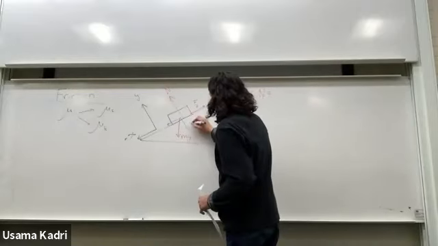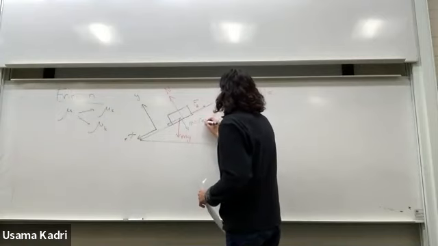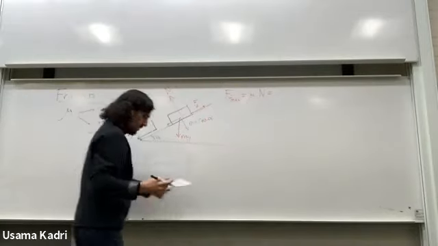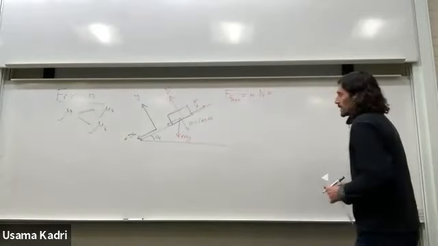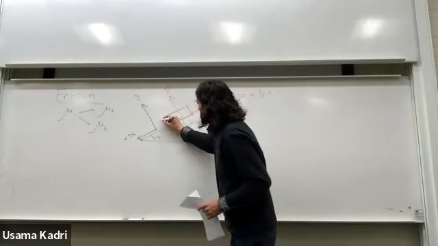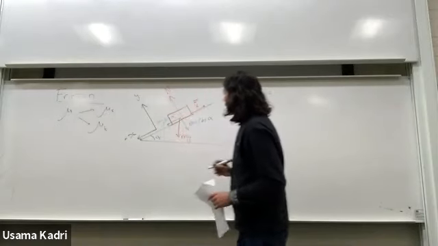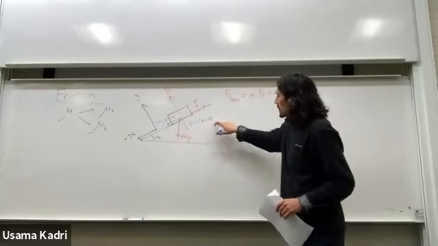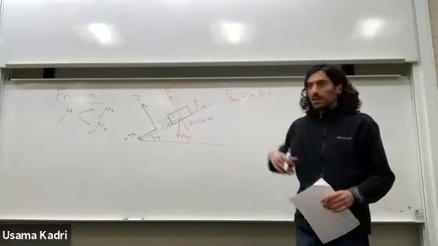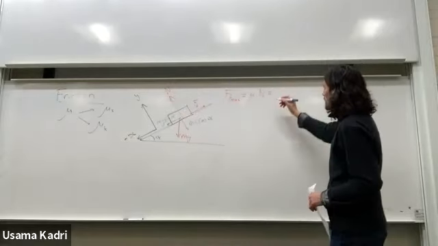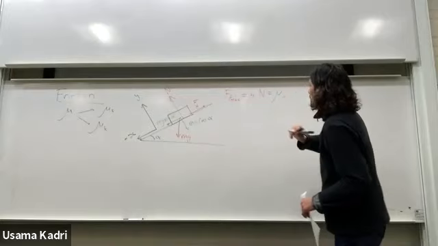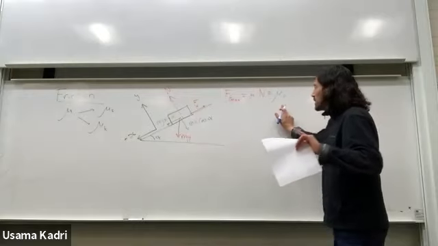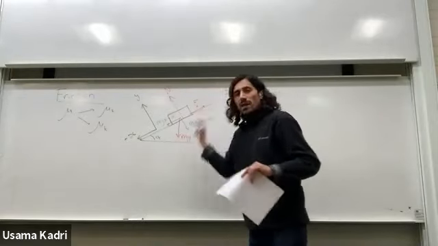So we have mg cosine alpha, this is alpha by the way, and this would be mg sine alpha. We decompose this vector. And we know that mg cosine alpha has to be equal to N, like it's not accelerating anywhere in the y direction. So the friction force has to be equal to mu s N.